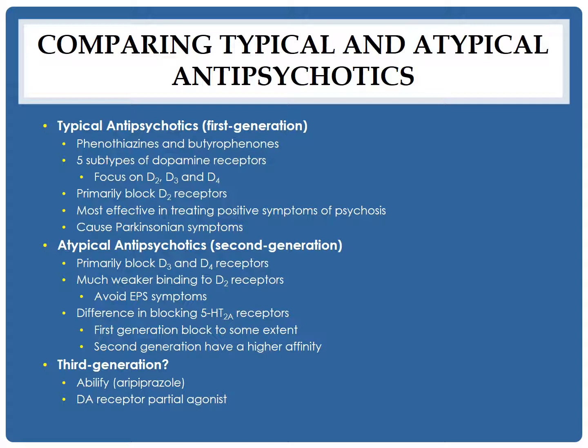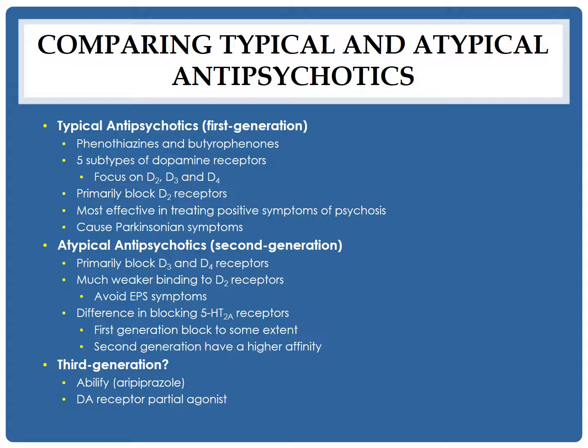They were developed by surgeons in the 1950s, noticing that anesthetics had a sedating effect on patients, and they started recommending these medications to treat agitated mental patients. These are phenothiazines and butyrophenones.